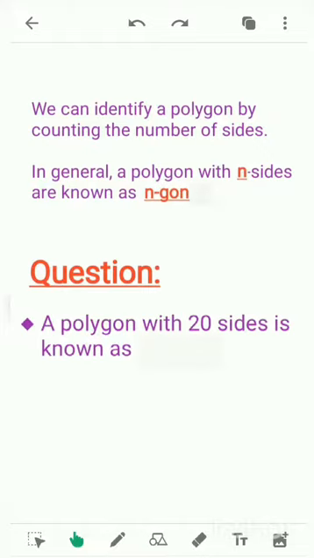Here is a question for you. A polygon with 20 sides is known as? A polygon with n sides is known as n-gon. Here in the question, it is given that a polygon has 20 sides, so n is 20. Therefore, a polygon with 20 sides is known as a 20-gon.